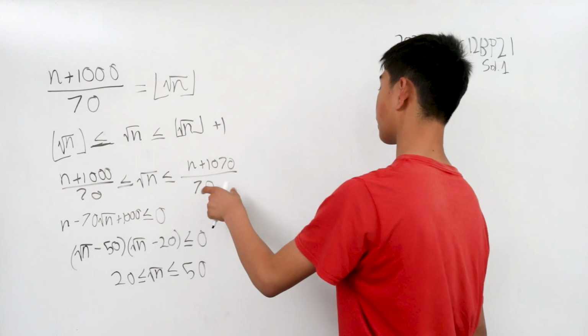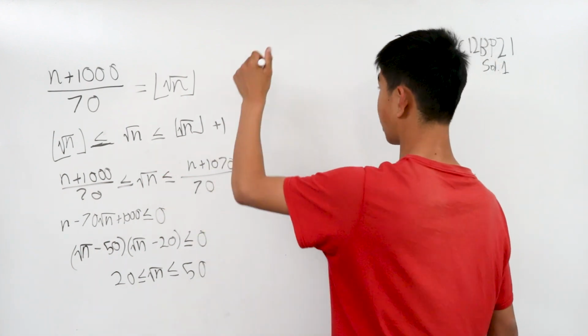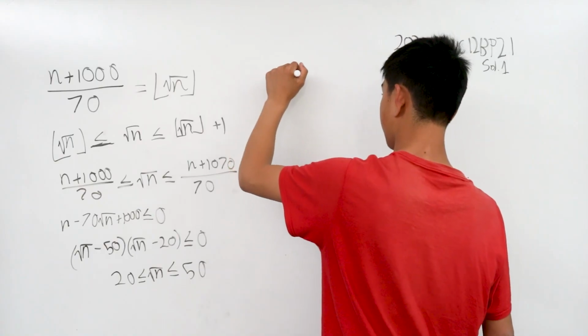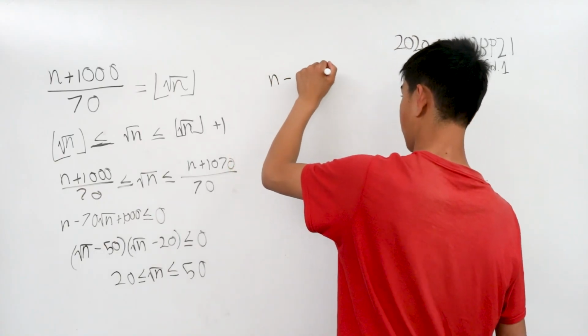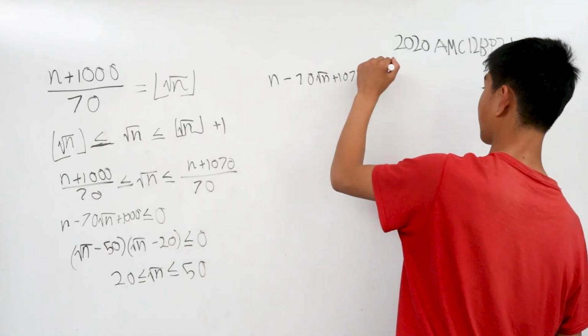And now we want to consider the other side. For that side, we use the same logic: n minus 70 root n plus 1070 has to be greater than 0.